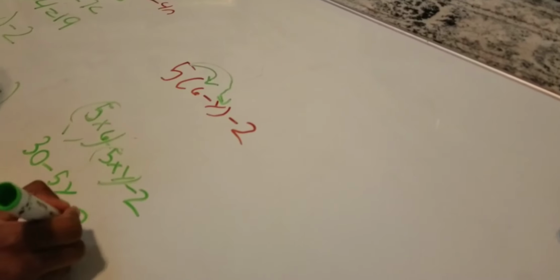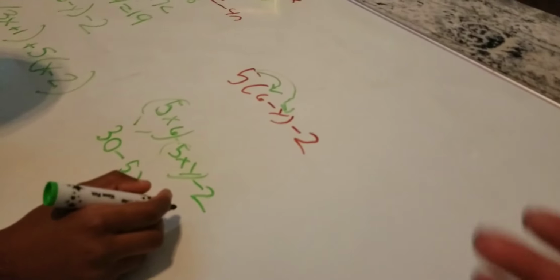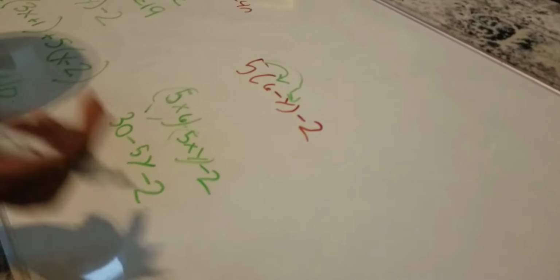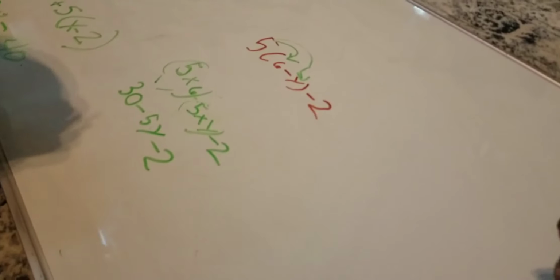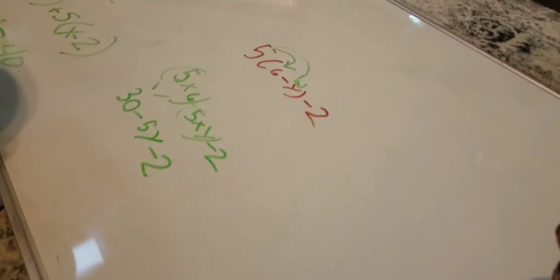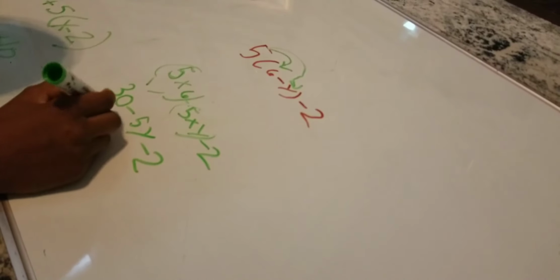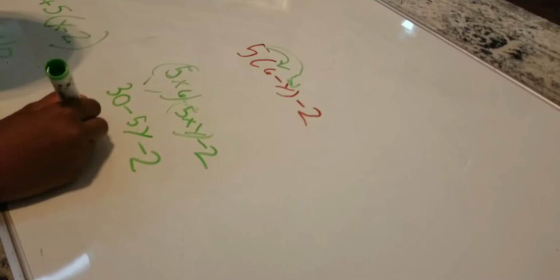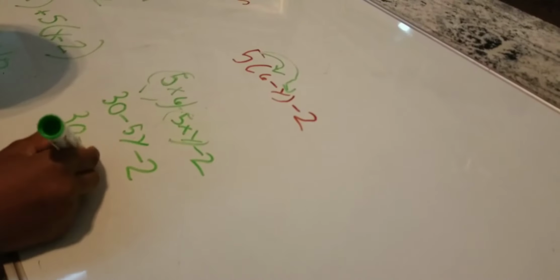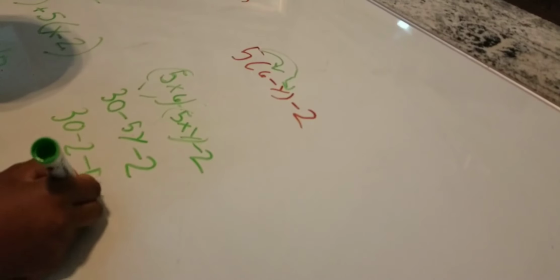Very good. Keep on going. So now what do we have? We have numbers and variables. What do we do? Like terms together. So let's go ahead and put like terms together. 30 minus 2 minus 5y.